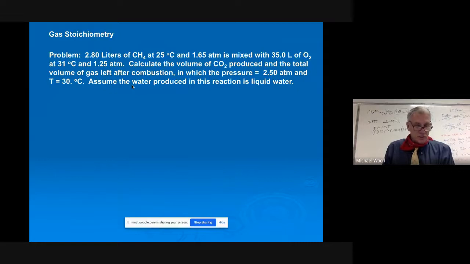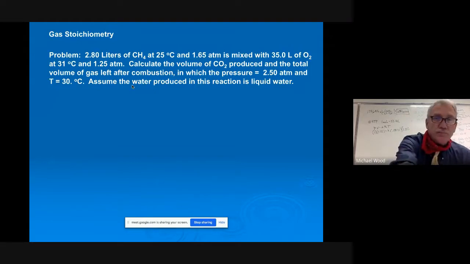So 2.80 liters of methane, CH4, at 25 Celsius, 1.65 atm is mixed with 35 liters of O2 at 31 degrees Celsius and 1.25 atm. Calculate the volume of CO2 produced and the total volume of gas left after the combustion, in which the pressure is 2.5 and the temperature 30 degrees Celsius, and assume the water in the reaction is liquid water.